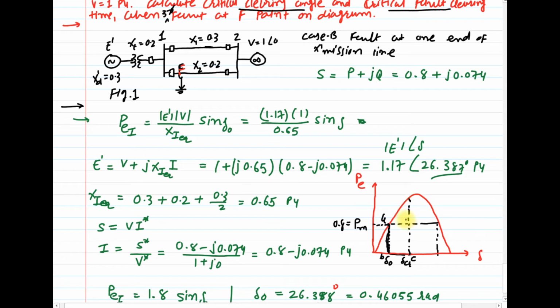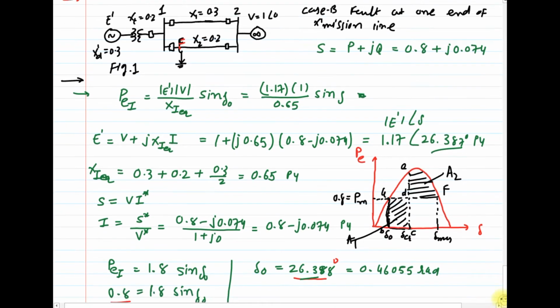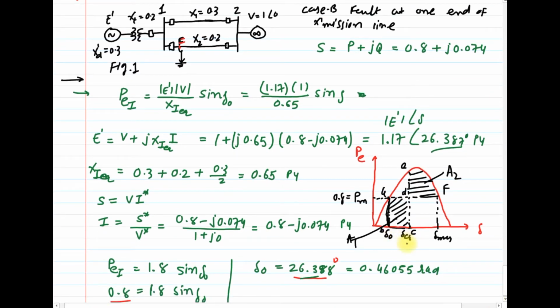And D to E, and the final one is F. So for stable operating condition, area A1, that means from delta 0 to delta CR, and delta CR to delta max, that is area A2, must be same. Clear? The objective is to calculate the delta CR and time for the fault clearing. Clear?